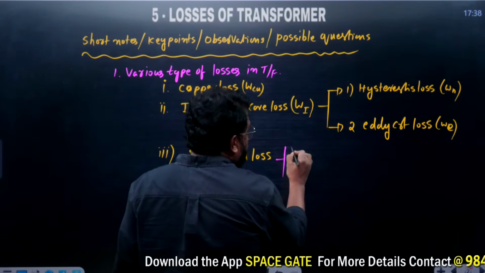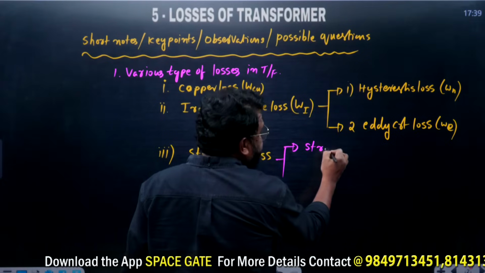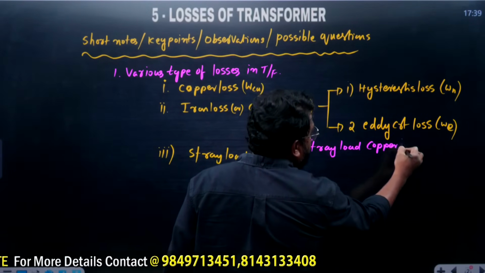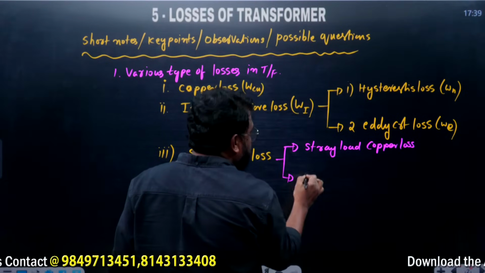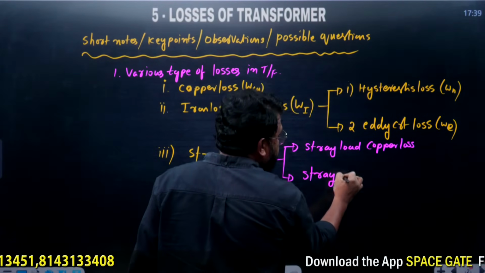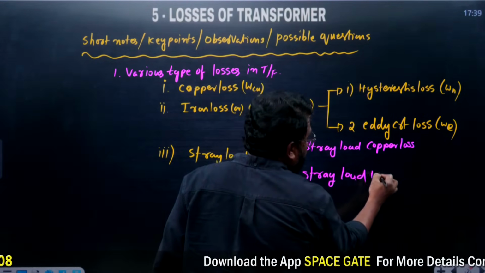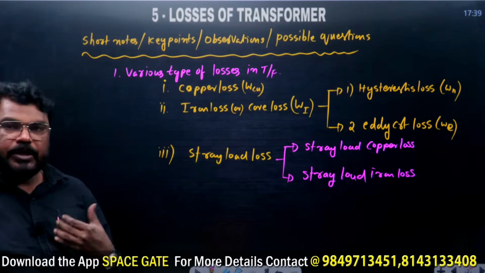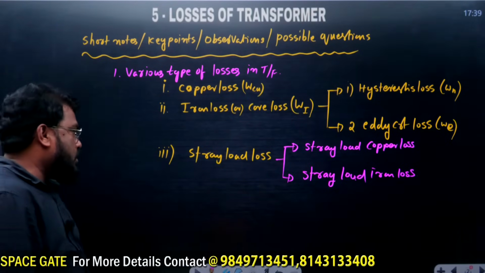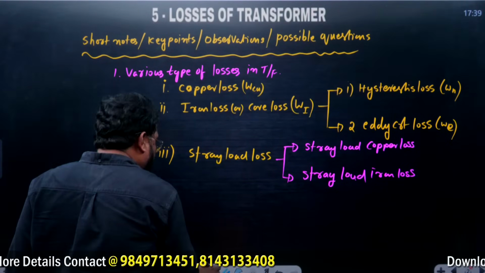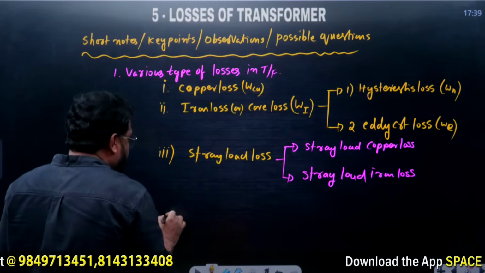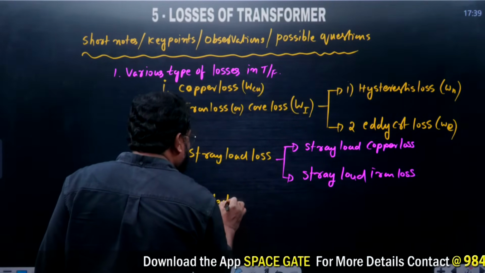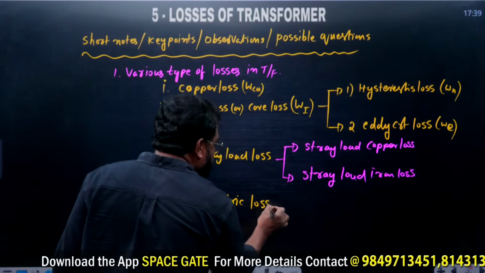One is the stray load copper losses of the transformer, and the second one is the stray load iron losses of the transformer. And the fourth type of loss is dielectric losses of the transformer.